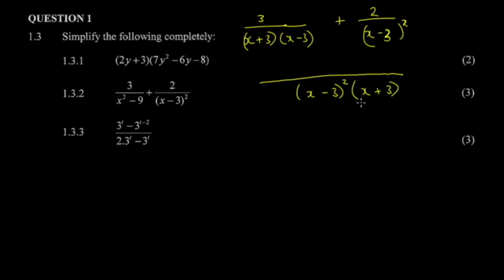So this one into this one, you get x minus 3, which would be left when you cancel one of the x minus 3. And x plus 3 will cancel this one. Then this one into this one cancels, and you're simply left with x plus 3.